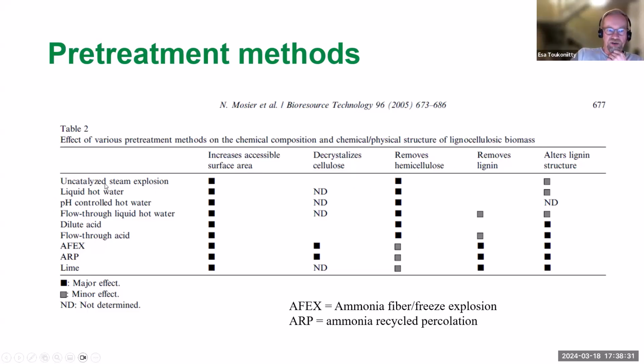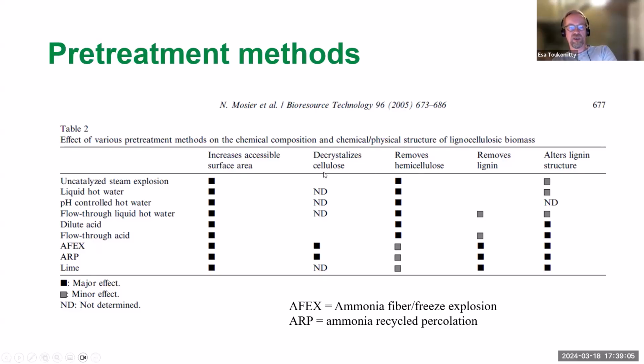So if we take uncatalyzed steam explosion, or let's take a look at these effects that are included in here. So, increase surface area. The idea is to break the biomass so that there is more surface area that the chemicals can interact with, or for example the acids can hydrolyze better.